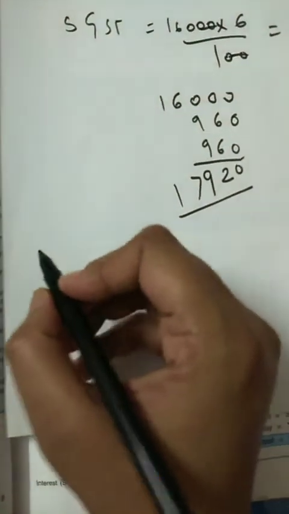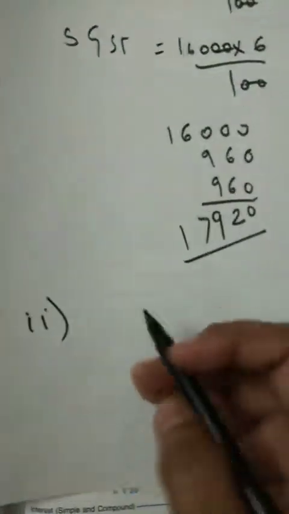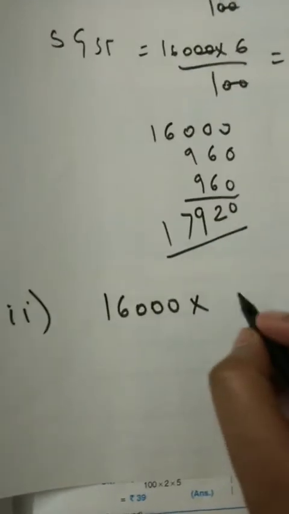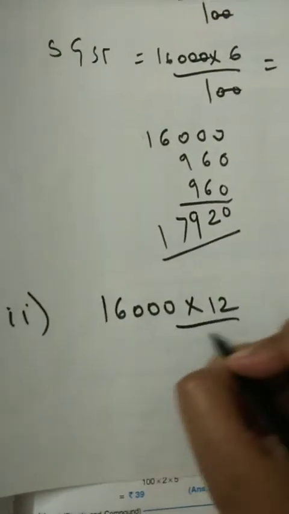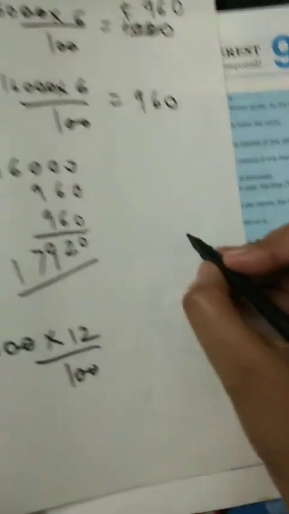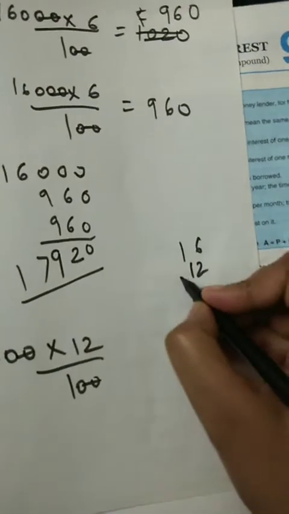So for the second part, which is interstate, this was the first part, intrastate, you will just take 16,000, you will calculate 12%, and then you will multiply 16 by 12.